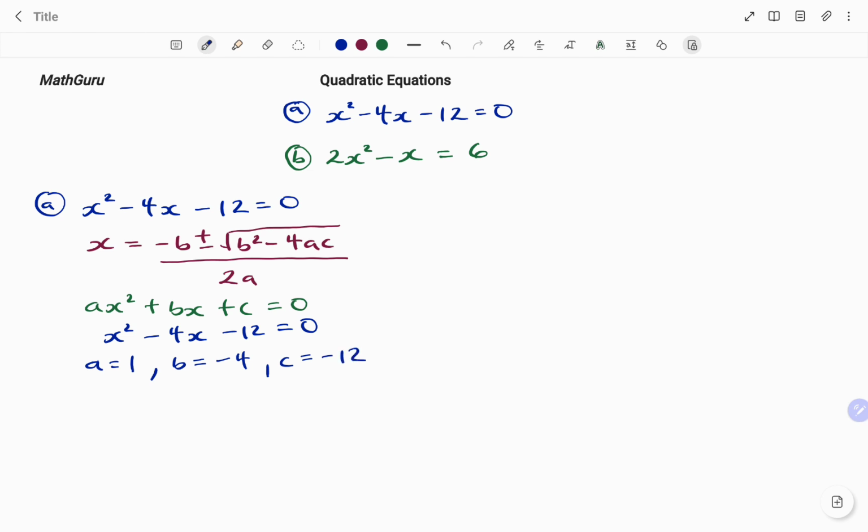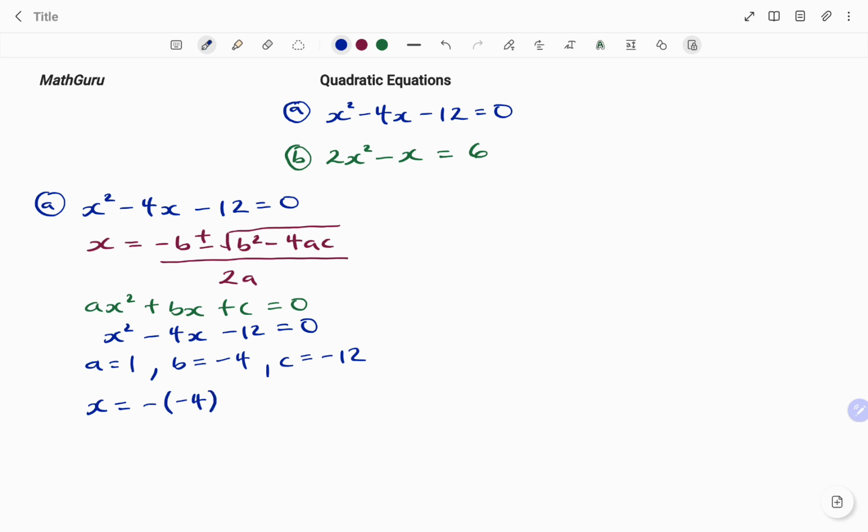So therefore, going back to the equation, I have to find the value of x. Using my quadratic formula, x will be equal to minus b. Note that if I have a negative value, use your bracket.